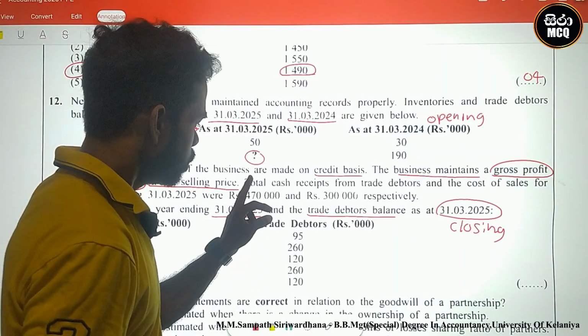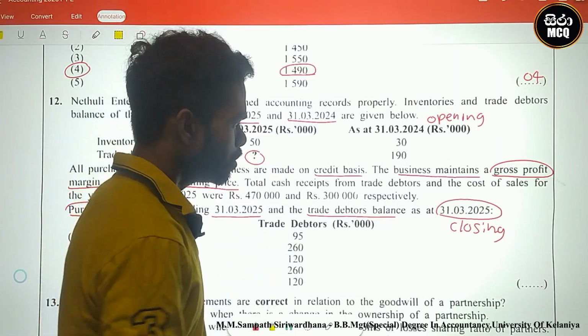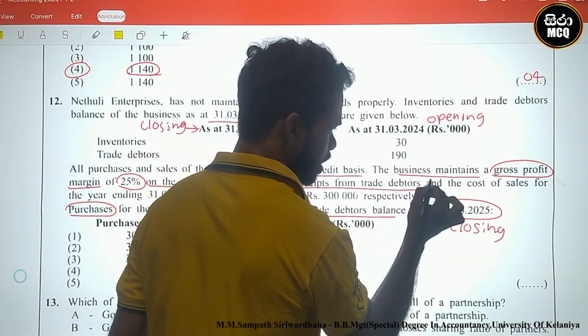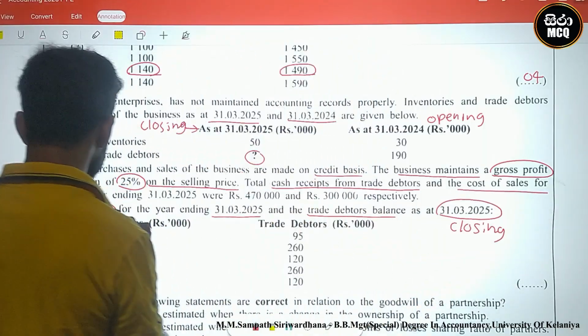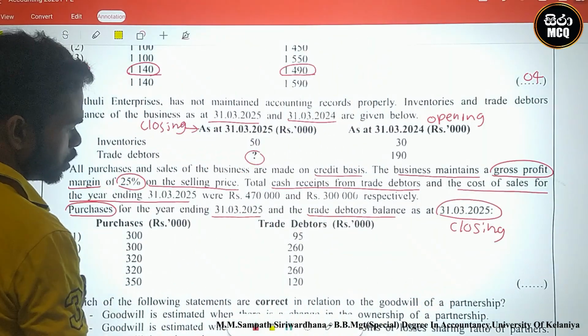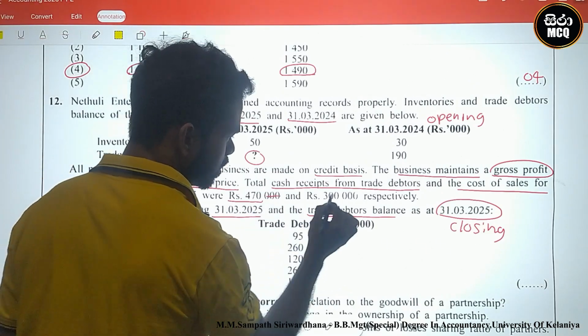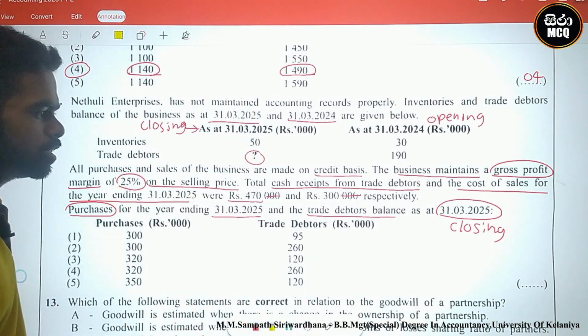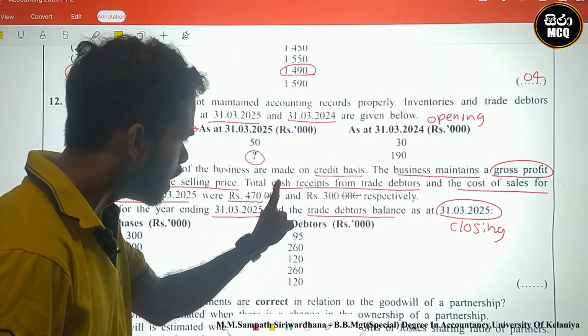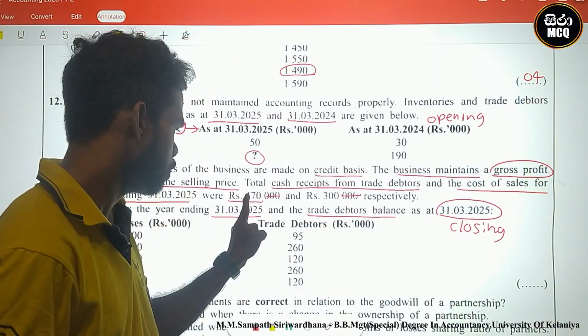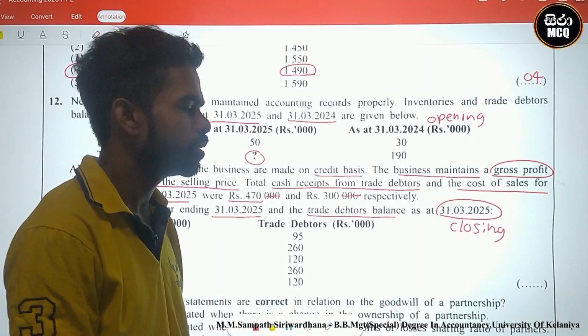Total cash received from trade debtors and cost of sales for the year ending 31st March 2025 were 470 and 300 respectively. What is the first one? Total cash received from debtors, 470. What's the double entry?